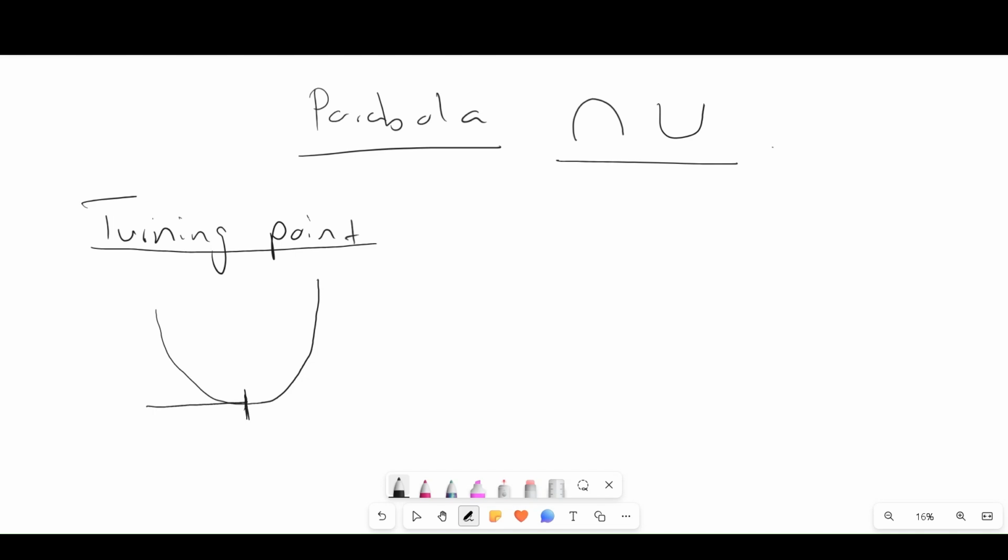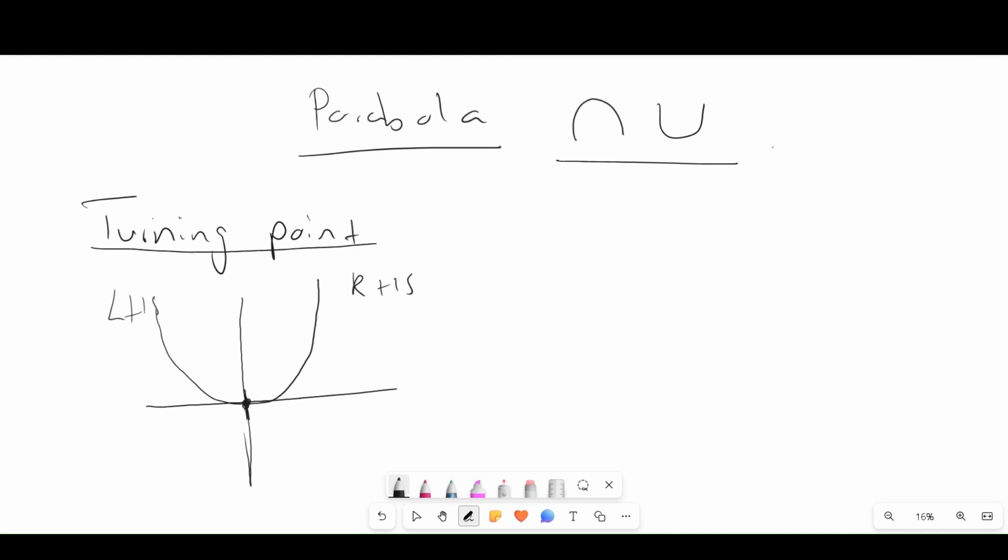Let's say this is your Cartesian plane. At this point, this is your turning point, equalizing the left-hand side to the right-hand side. The middle part there is then your turning point.